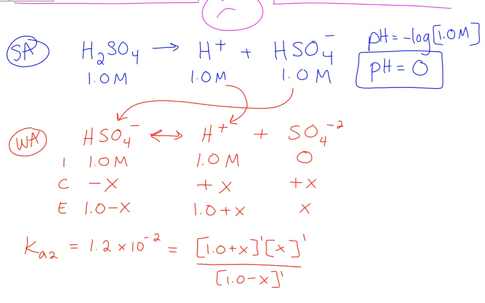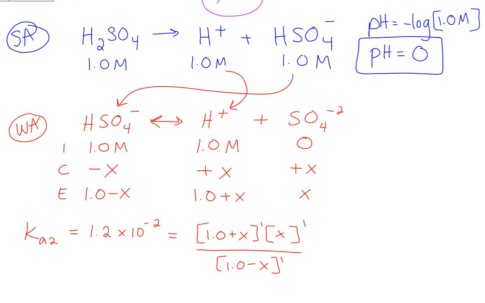All right, we haven't had one that looks like this for a little while, have we? In this case, we're going to take our products from the first dissociation and sub those into the second. So I do have some hydrogen sulfate formed, and I do have hydrogen from the first dissociation. But if we figure out X, that'll tell us how much hydrogen we get from the second dissociation.